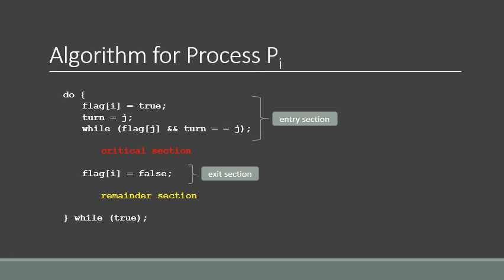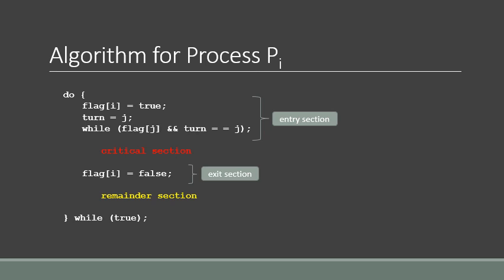Critical section is the part of the process in which shared data is accessed and manipulated. Exit section indicates that a process has finished executing its critical section, and now the other processes which are waiting in the entry section can be allowed to execute their critical section.